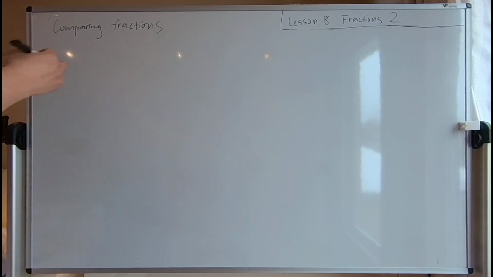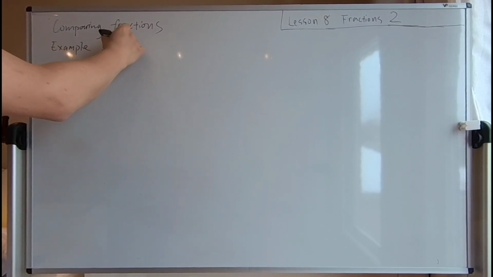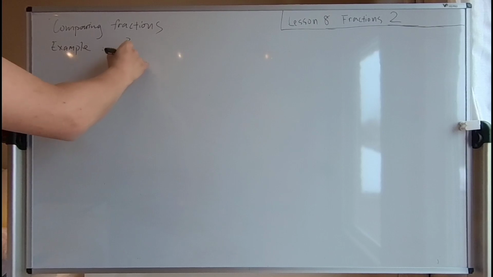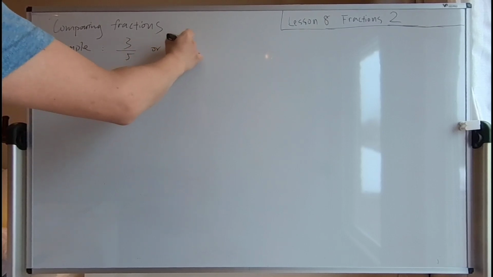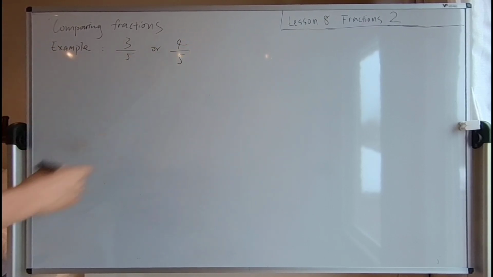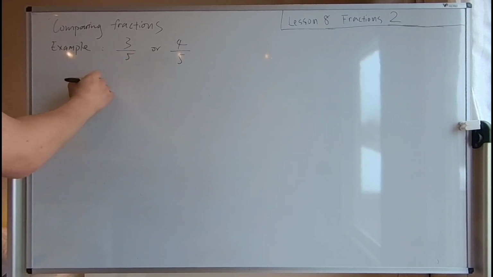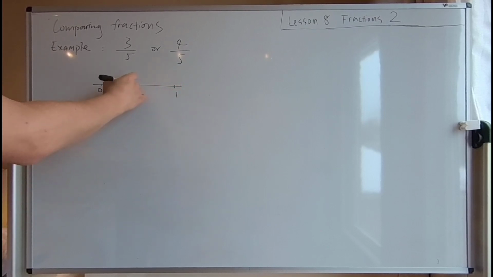So, for example, if I have the number 3 over 5 and another one, 4 over 5, and I want to know which one is greater, this is a very easy example. We can even quickly find it from the number axis.